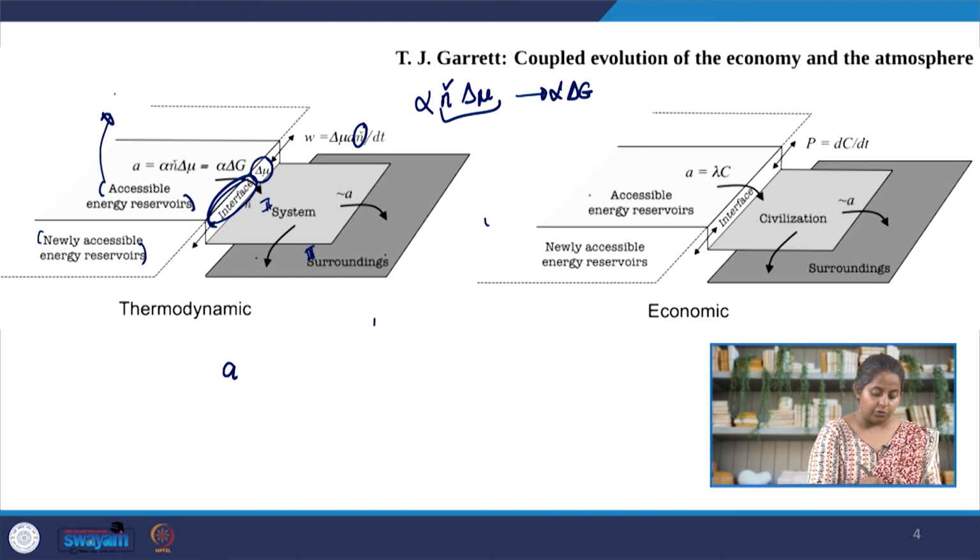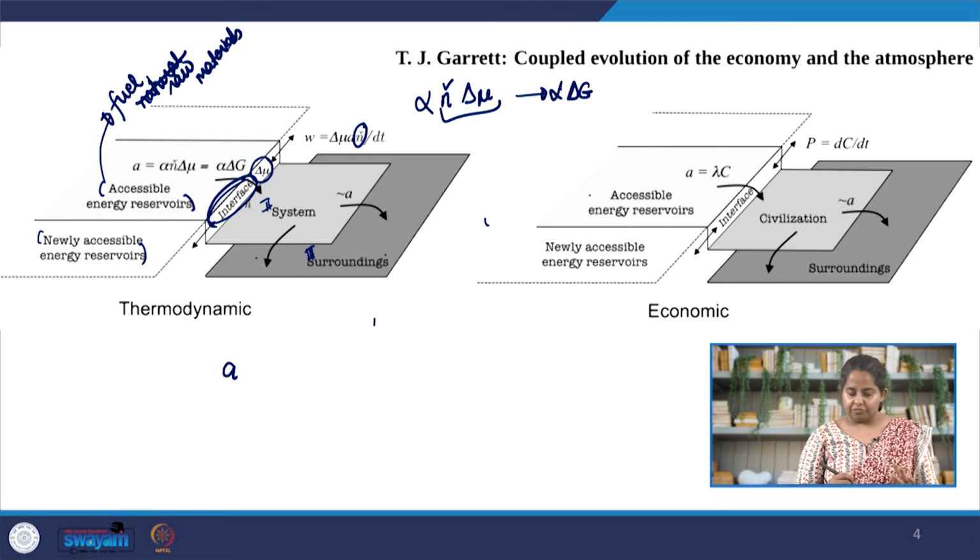Remember, the energy reservoirs here can be fuel, they can be other raw materials that are used. So A is equal to alpha delta G, which we have established is alpha times this. Remember, this is the number of material units, and this is the potential per material unit.